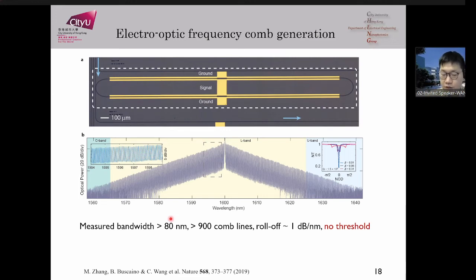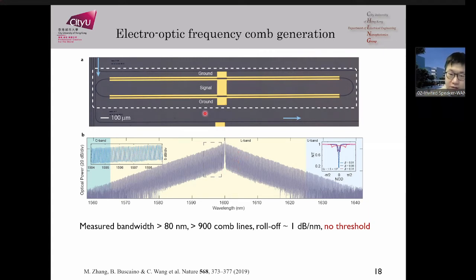Right, and the most important difference for these EO combs compared to Kerr combs is that the EO process is a more linear process, so there's actually no threshold. It means that if your input optical pump signal increases or decreases, the comb shape will not change. It will just go up and down depending on the input power.